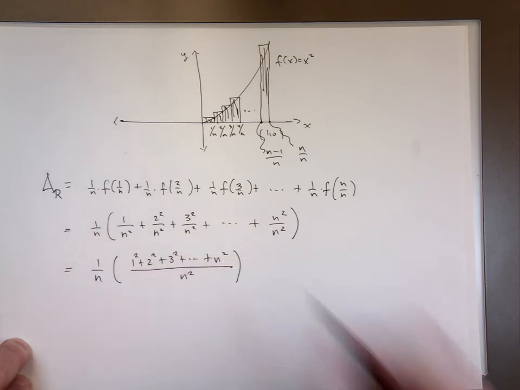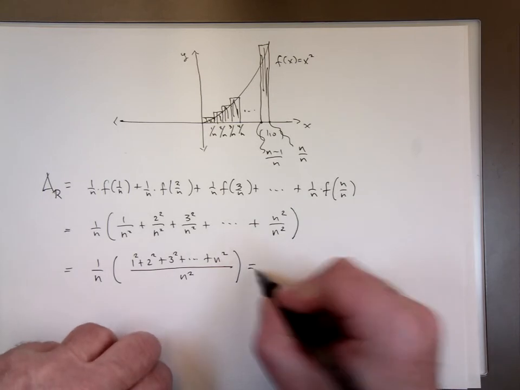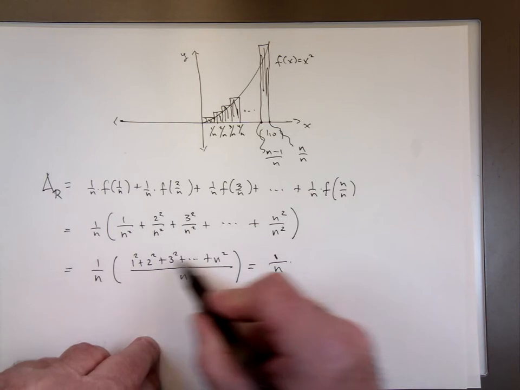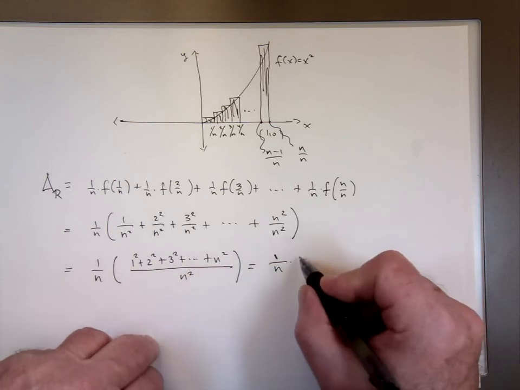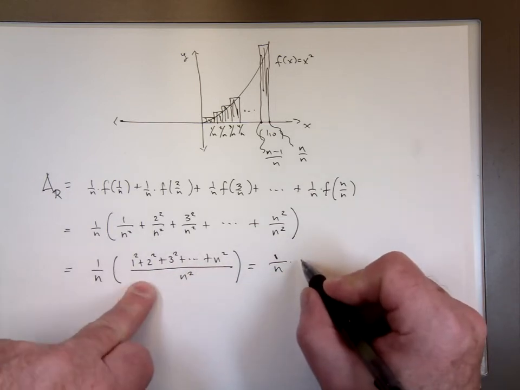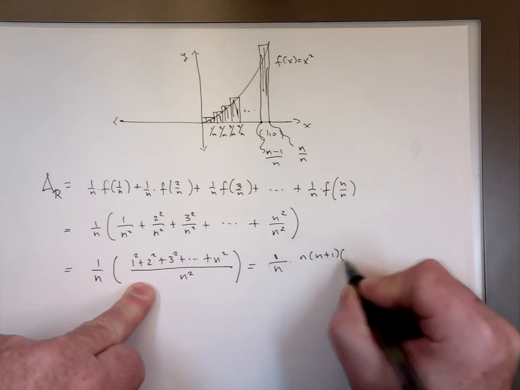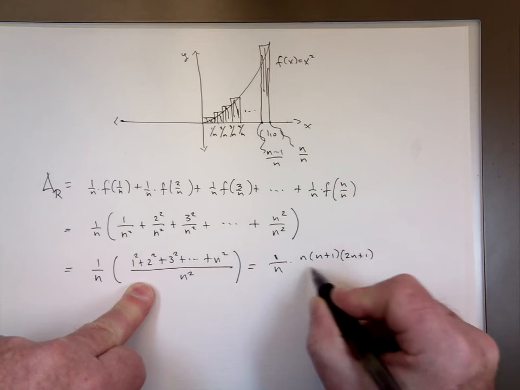But what is 1 squared plus 2 squared plus 3 squared up to n squared? What's the sum of the first n squares equal to? n times n plus 1 times 2n plus 1, all over 6. Why are all those squared there?